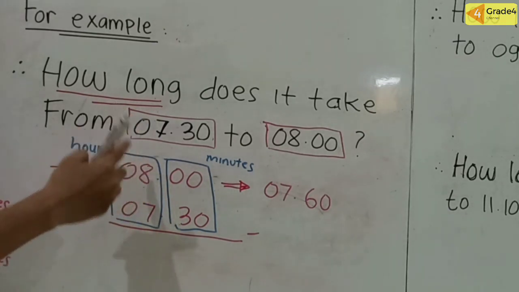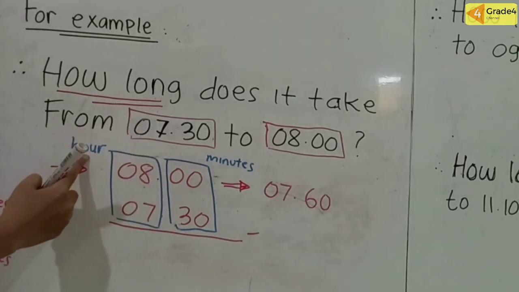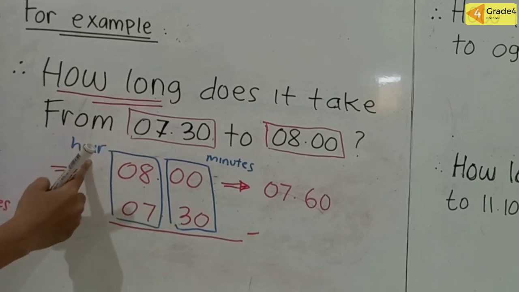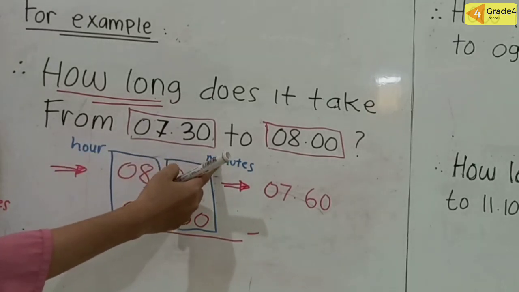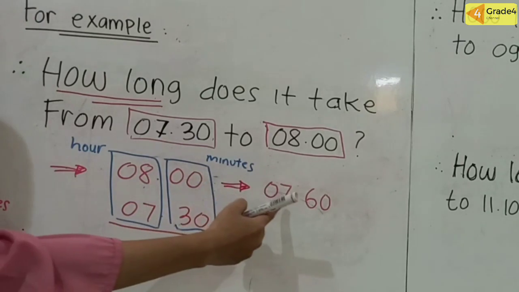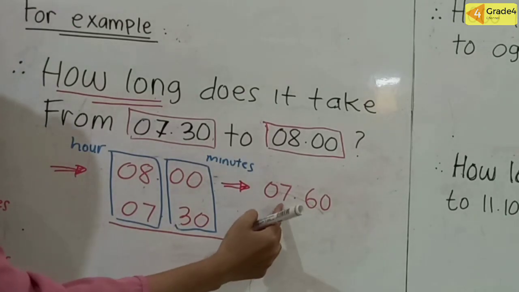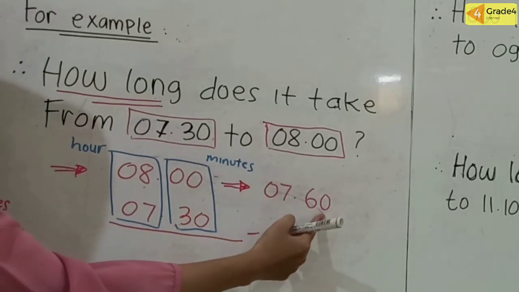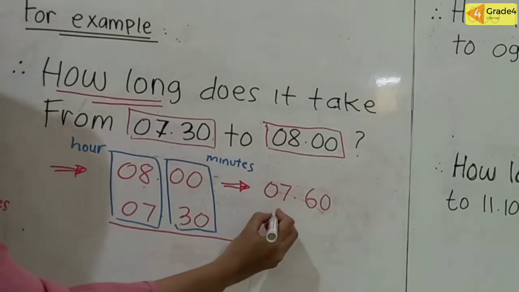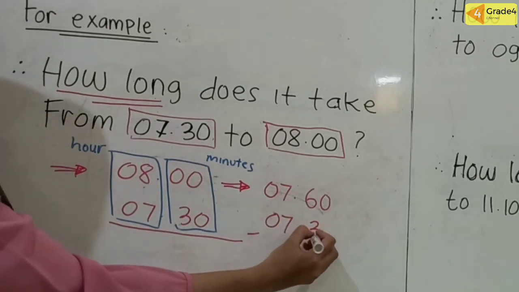Because if we borrow 1 from the hour, 1 hour is 60 minutes, so we write it like this. So we continue our calculation: 7.60 minus 7.30.